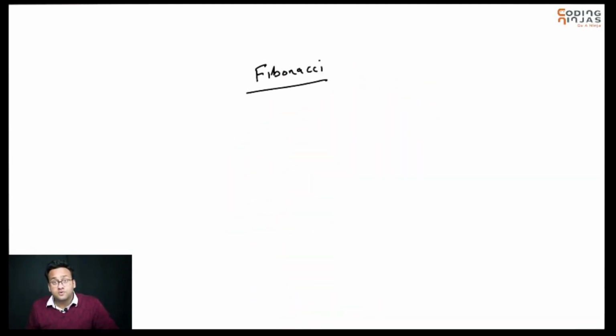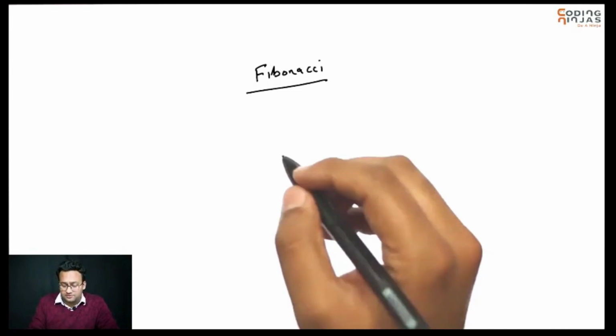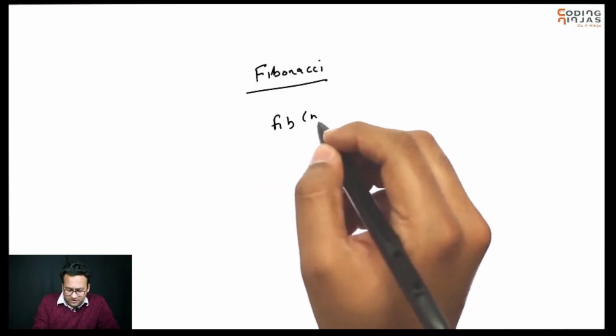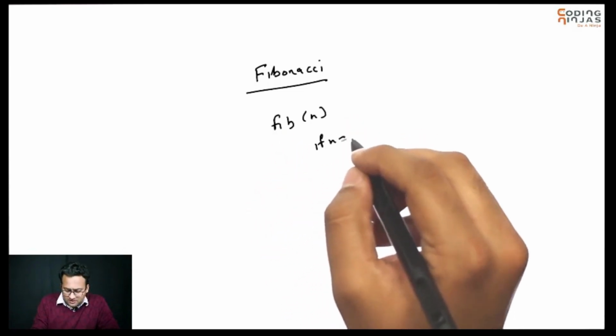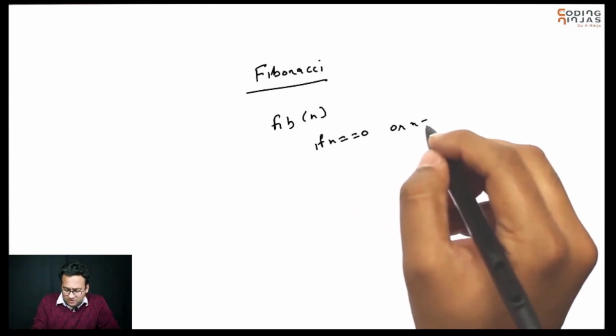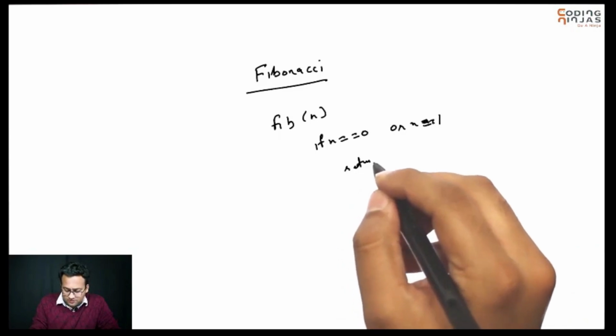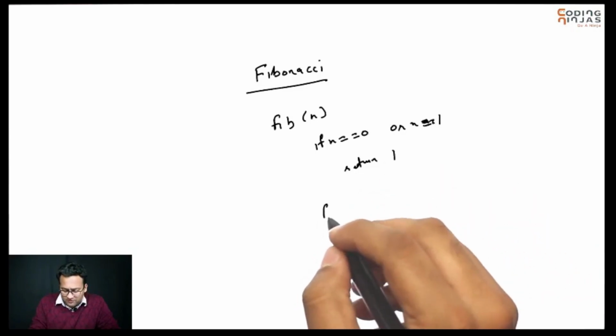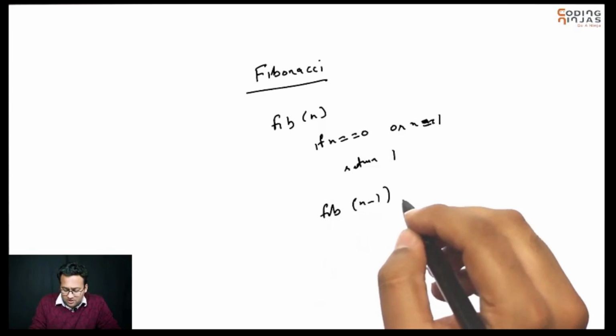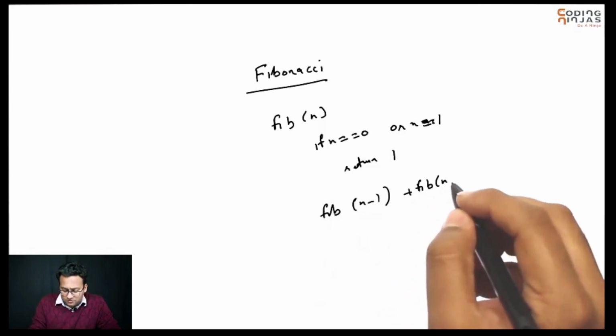So what was the recursive solution like? We said fib of n, if n is 0 or n is 1, return 1. Otherwise, we were returning fib of n minus 1 plus fib of n minus 2.